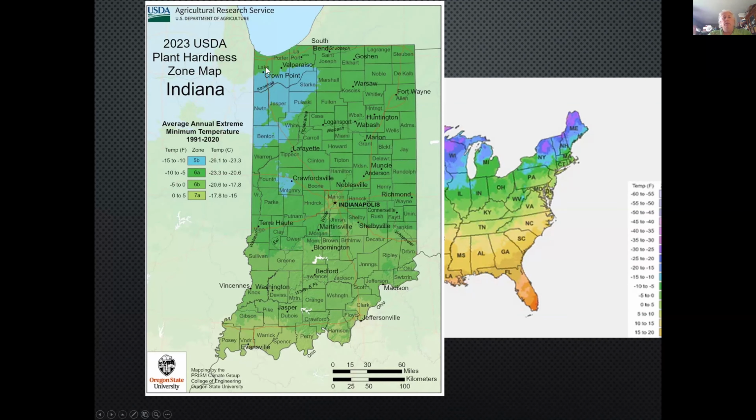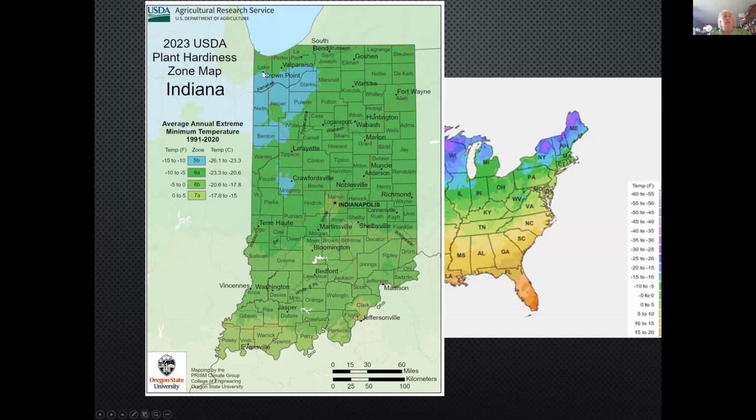So we have moved up a half zone. We used to only have zone 6A right on the immediacy of the lake, by Lake Michigan, because Lake Michigan affects our weather and our climate. And now, because of climate change, we have gone up a half zone.